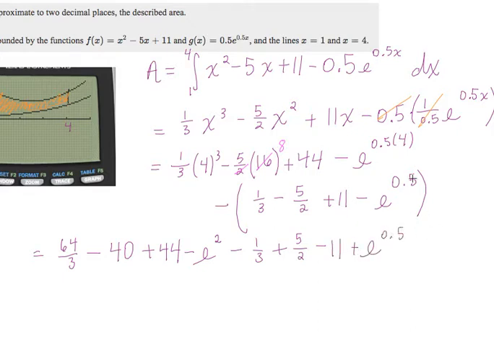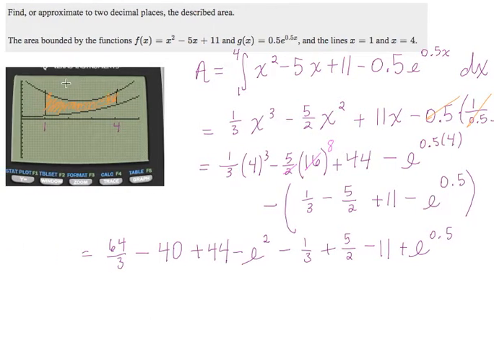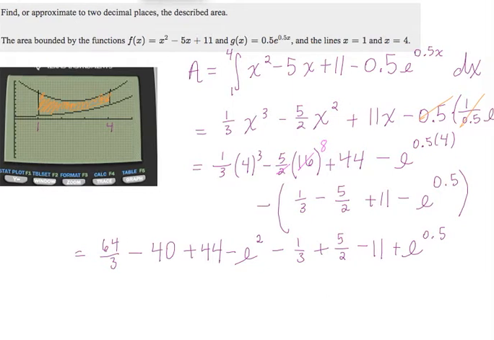And at some point we can just enter what we have here into the calculator. It says find or approximate to 2 decimal places. So eventually we'll just enter it in, but I think I'll combine my whole numbers here first. So 44 minus 40 is 4. 4 minus 11 is negative 7.